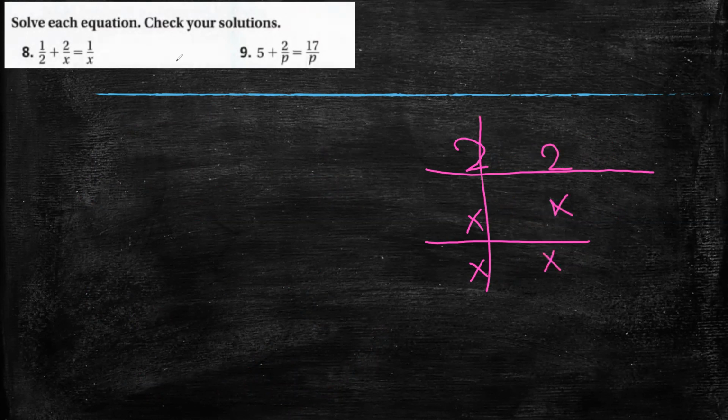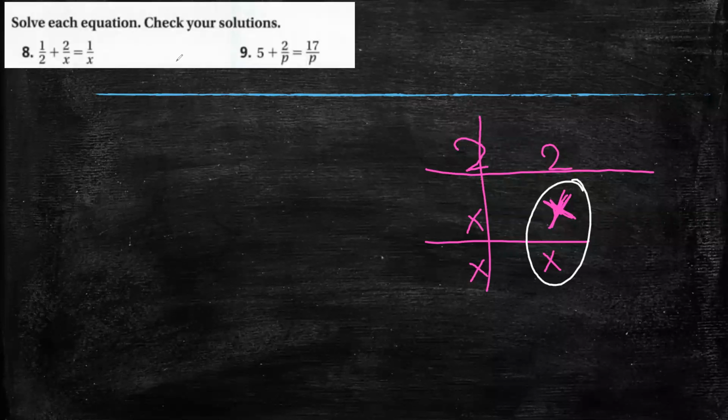What is the repeated? x and x. So take one of them. And what is the non-repeated? 2. That's it. If it's repeated, take one of them. If it's not repeated, take it.